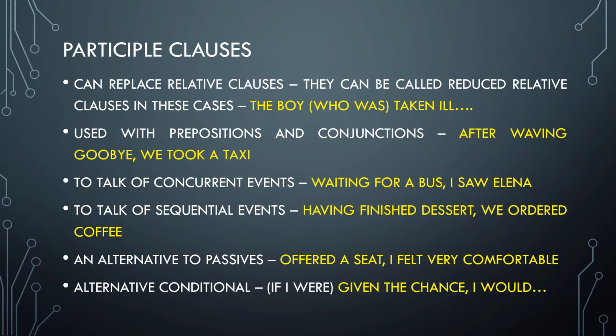Having finished dessert, we ordered coffee. Even as an alternative to a passive. Offered a seat, I felt very comfortable. And even as an alternative to a second conditional. If I were given the chance, I would, becomes given the chance, I would.